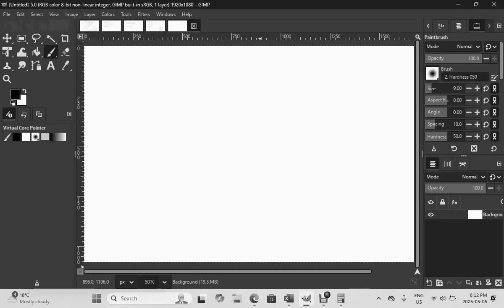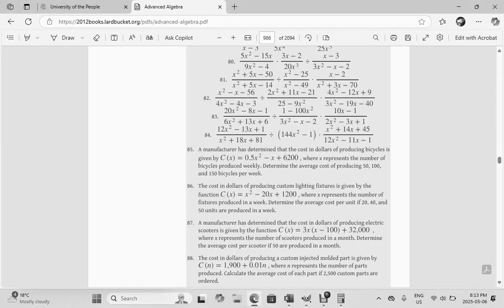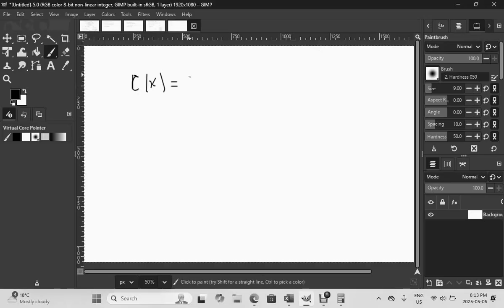So C(x) equals 0.5x² − x + 6,200. Make sure this equation is correct.